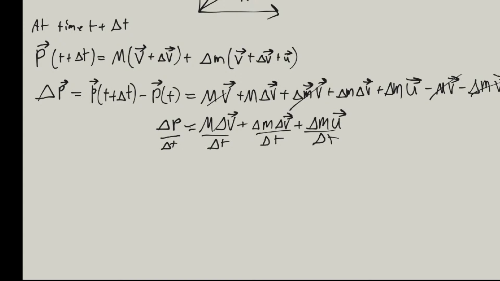Well, we'll have dp over dt, the derivative of momentum with respect to time, and that equals m times dv over dt plus, this is interesting, delta m times delta v. As delta t approaches 0, delta m also gets very, very small, and delta v also gets very, very small. So we'll have a very small quantity times a very small quantity, and this whole term is just going to approach 0.